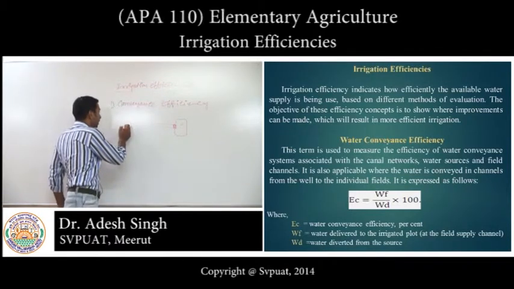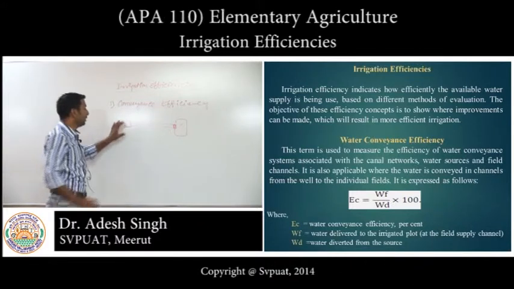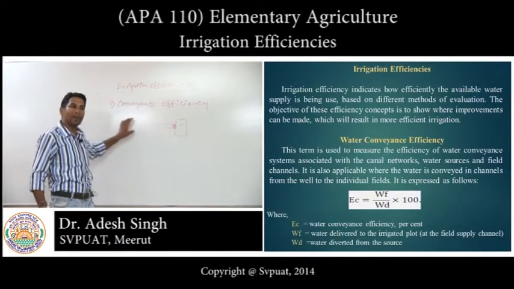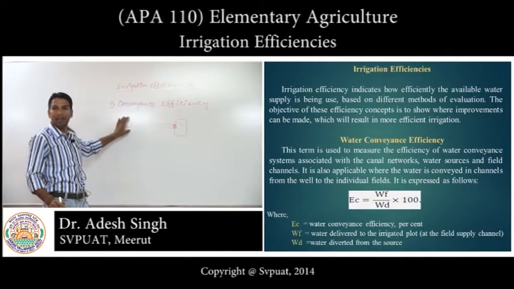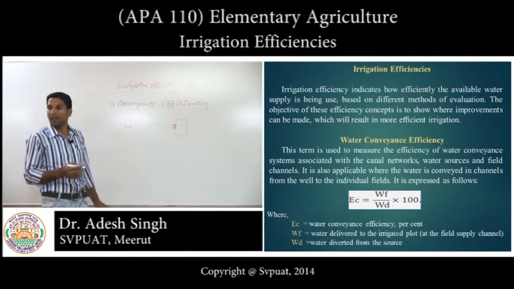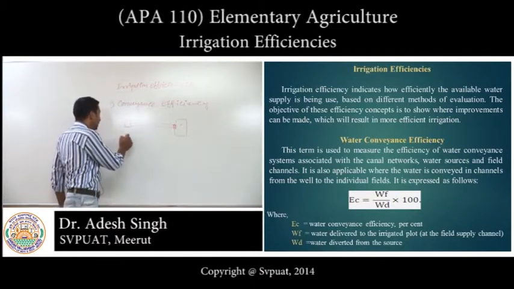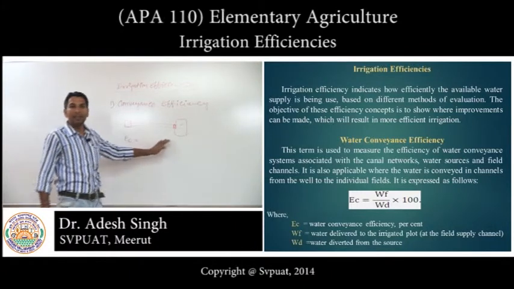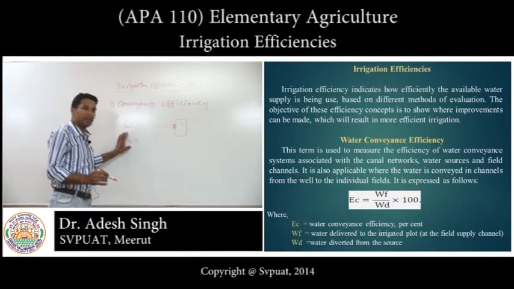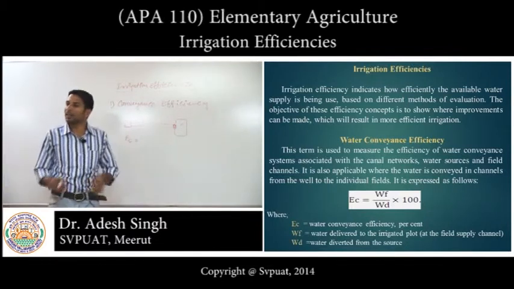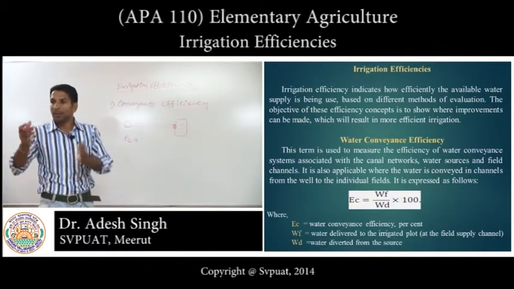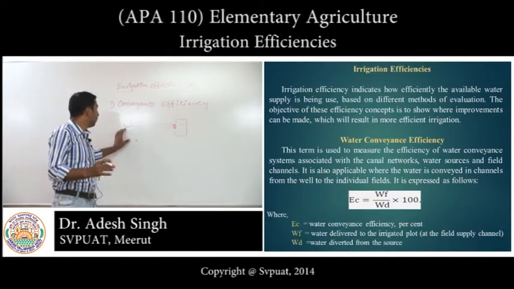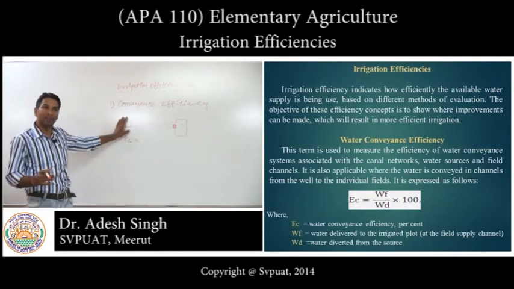The conveyance efficiency means the quantity of water reaching the field level in comparison to the water available at the source level. The conveyance efficiency is denoted with EC, and it is the percentage ratio of the water reaching the field gate to the water delivered at the source level.